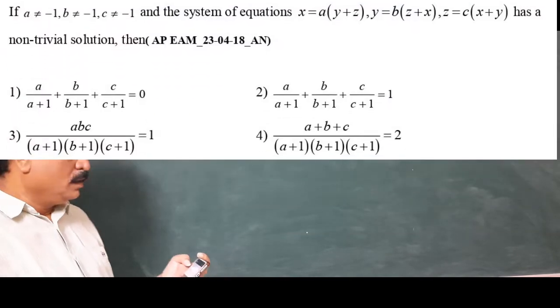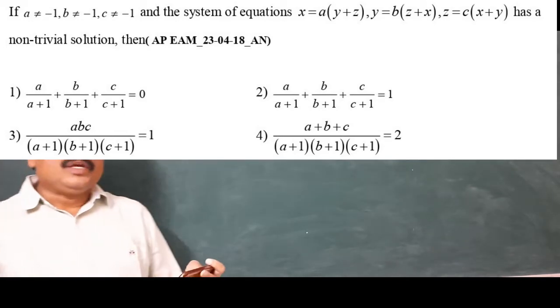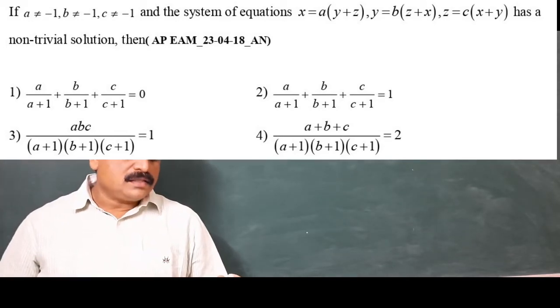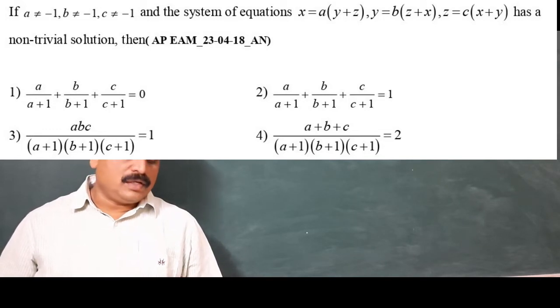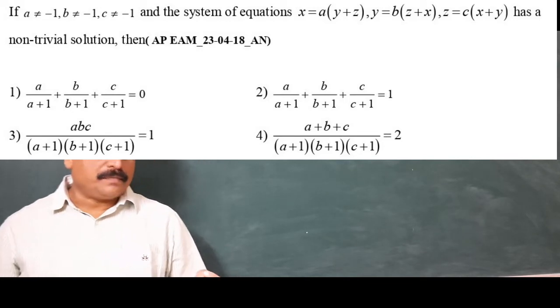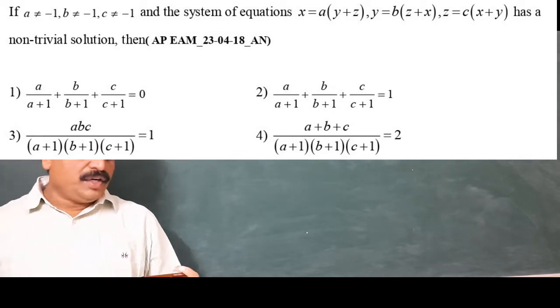Next. A not equal to minus 1, B not equal to minus 1, C not equal to minus 1, and the system of equations x equal to A into y plus z, y equal to B into z plus x, z equal to C into x plus y has a non-trivial solution.